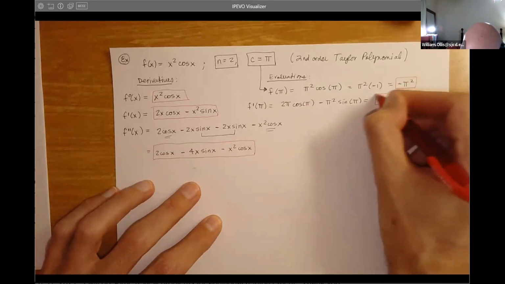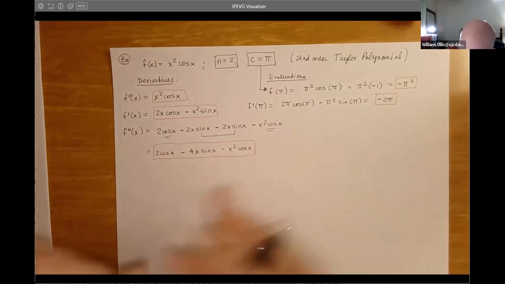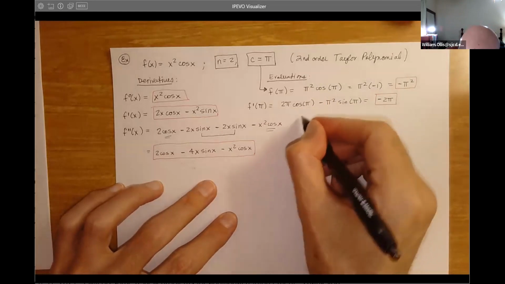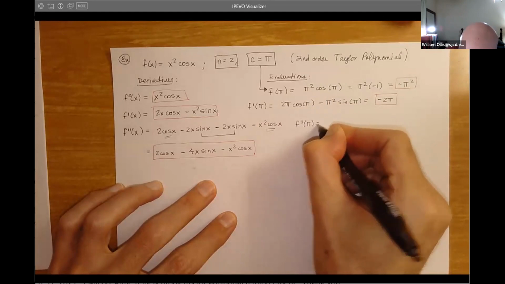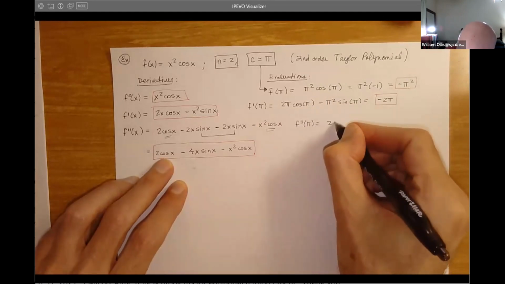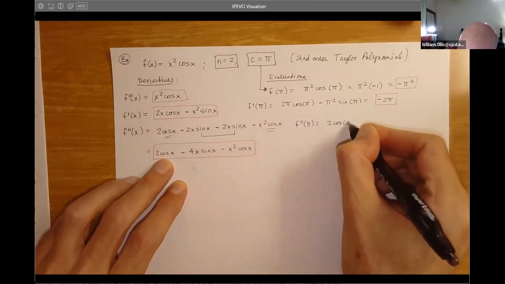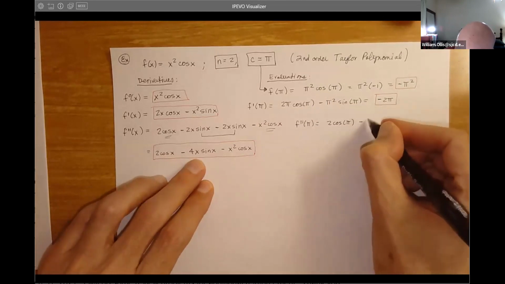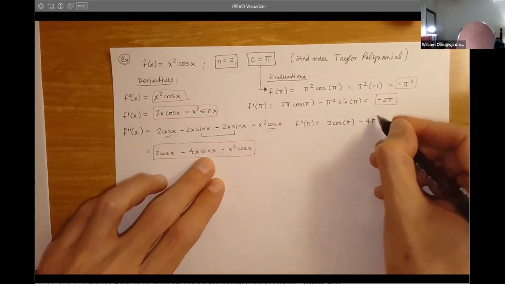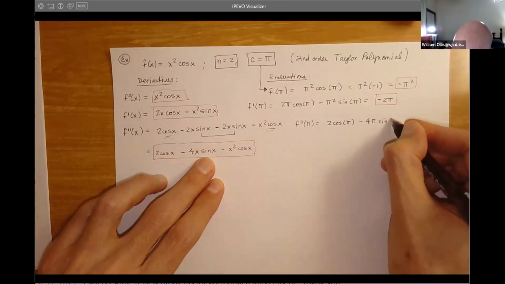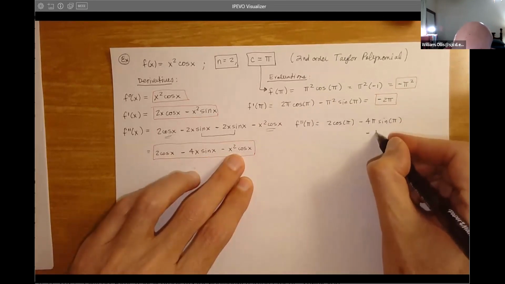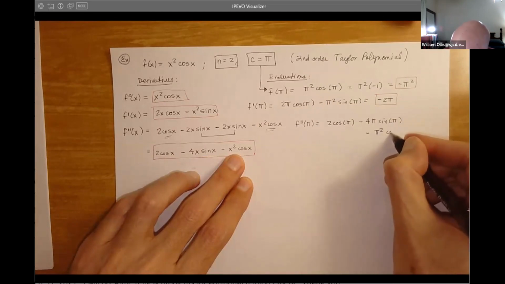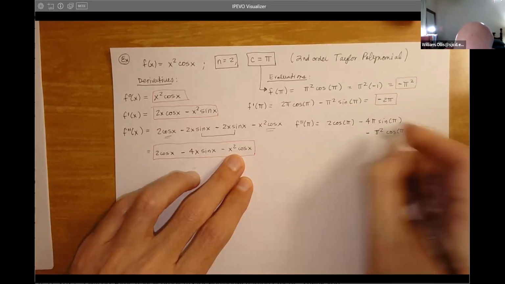Constant f prime of pi, and then of course, f double prime of pi. We'll get 2 times cosine of pi minus 4 pi sine of pi. And then I'll put this here, minus pi squared cosine of pi.